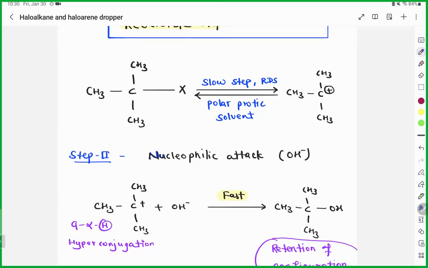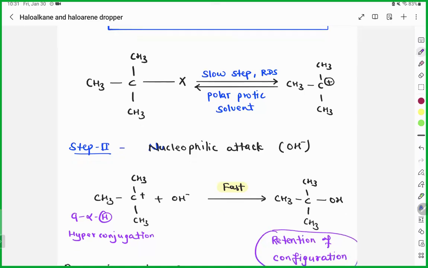So in this hyperconjugation, because it is like a no bond, what is the name of this hyperconjugation? Another name? No bond resonance. Yes.